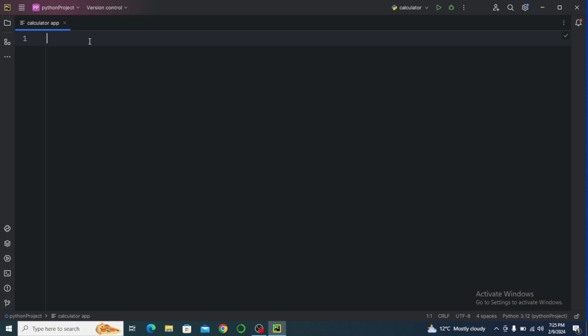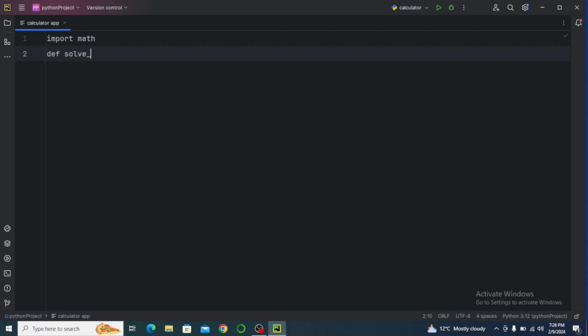So the first thing we're going to do is import math. This line, import math, imports the math module, which provides mathematical functions and constants in Python. That's why we first import math. The next thing we're going to do is define solve quadratic.